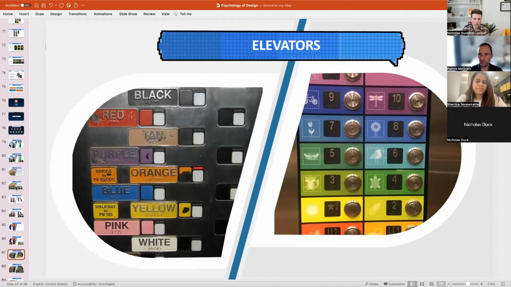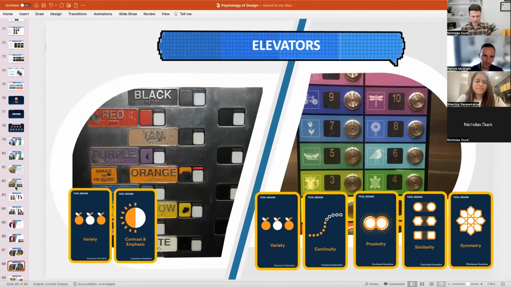This is a wonderful elevator. This is like the elevator from hell. That's the elevator that takes you to that image that I showed you earlier in the presentation, where you can't recognize anything. And the one on the right is also quite an interesting one. I actually think perhaps the one on the right is over-designed, over-engineered for a very simple function.